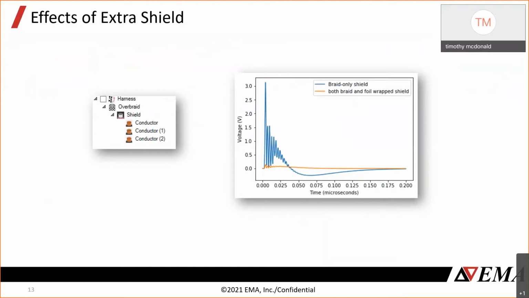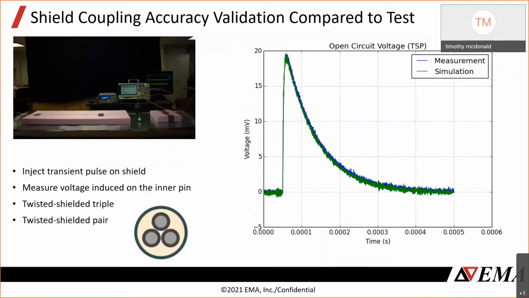And then, of course, adding an extra shield, adding that extra layer of shielding that is foil wrapped and braided, you can see results in significant attenuation. So EMA3D cable for the ESD, forced through a cable, you can see it's a very straightforward workflow. And just for comparison, this is a benchtop test.